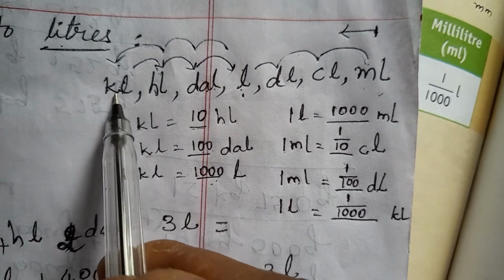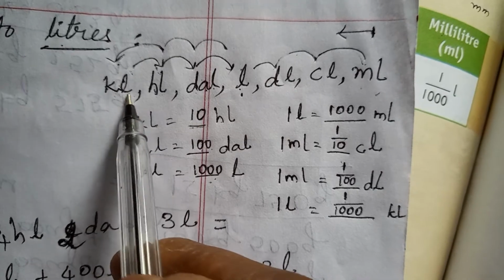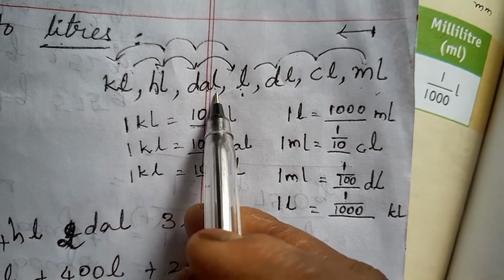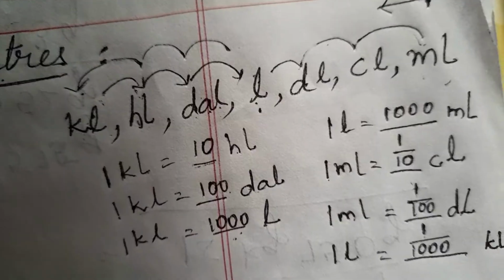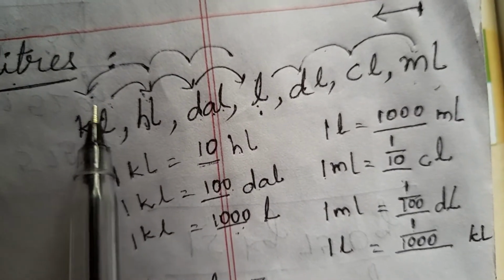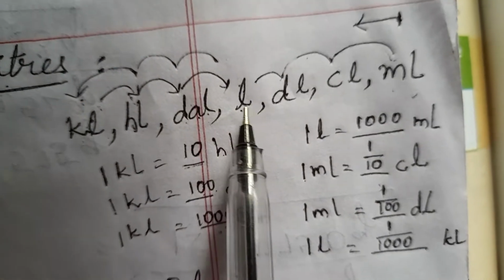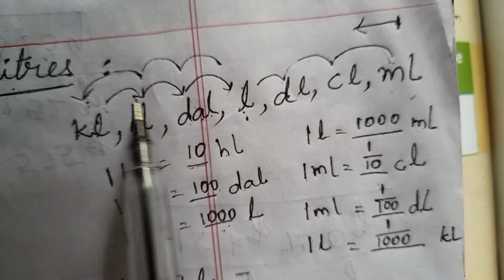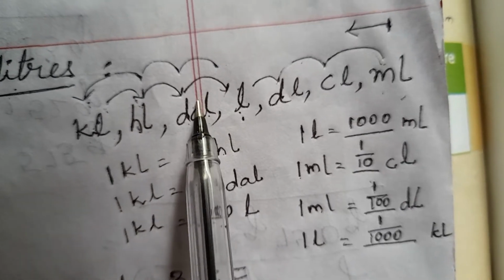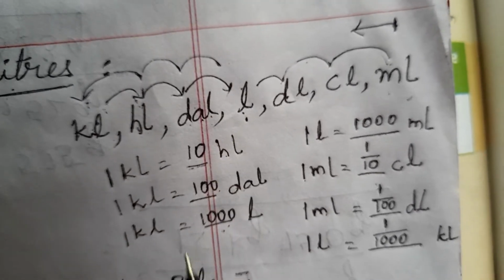Now 1 KL equal to dash DAL. So how many steps? 1, 2. Now 1 KL equal to dash L. So how many jumps? 1, 2, 3. So 3 zeros.